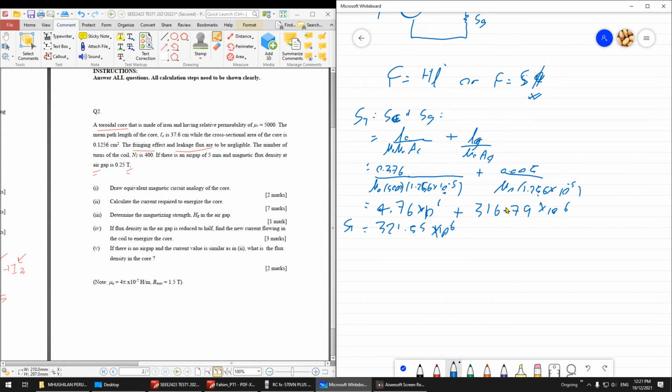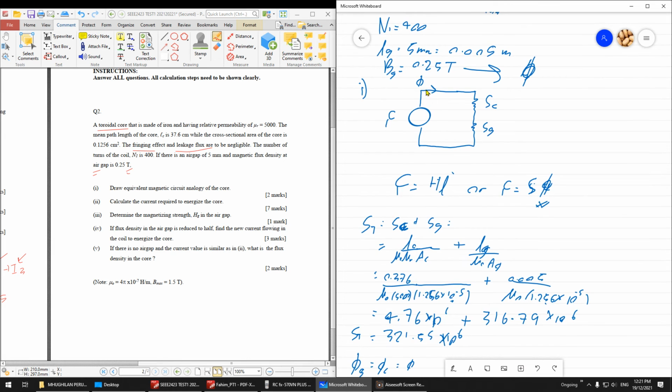Make sure the reluctance at the gap is much larger than the core. Then you find the flux at the gap. Flux at the gap equals flux at the core, because it is in series.